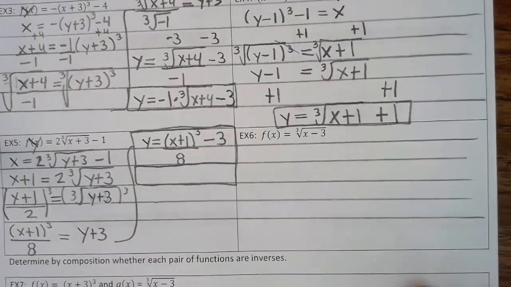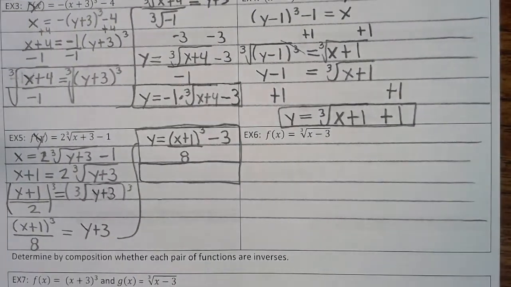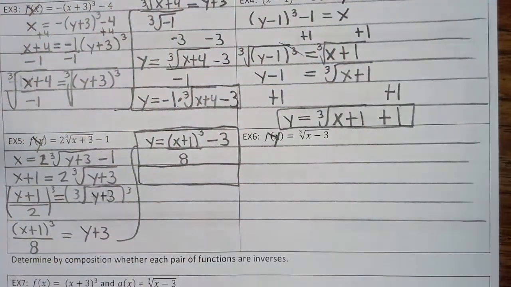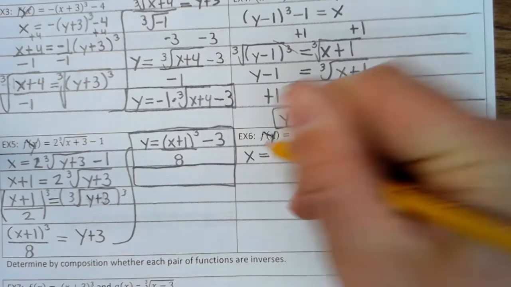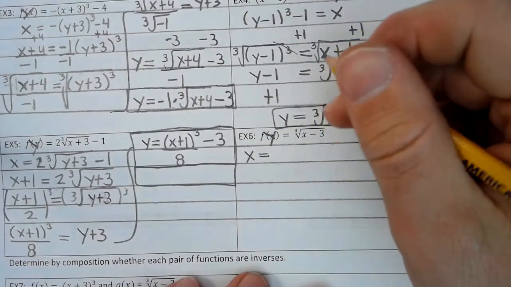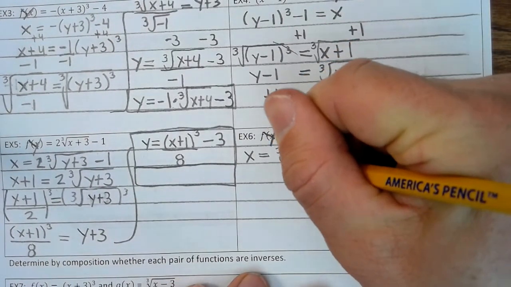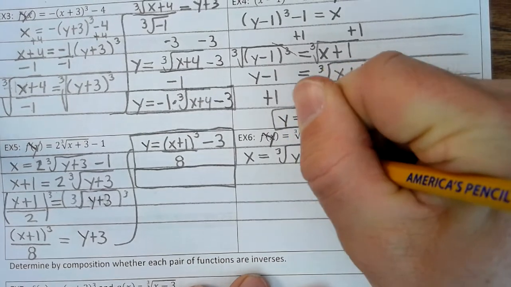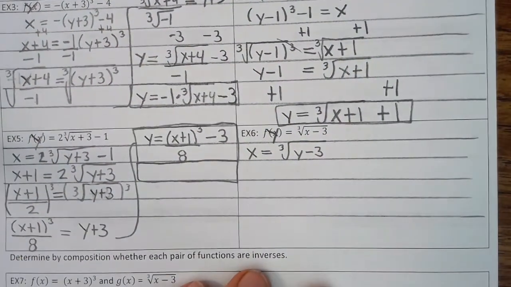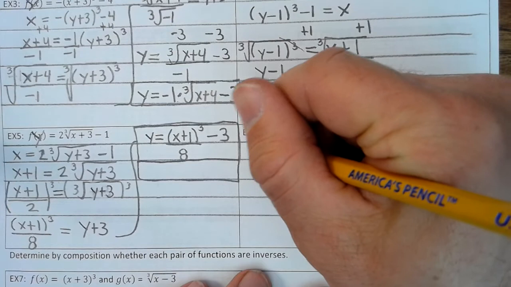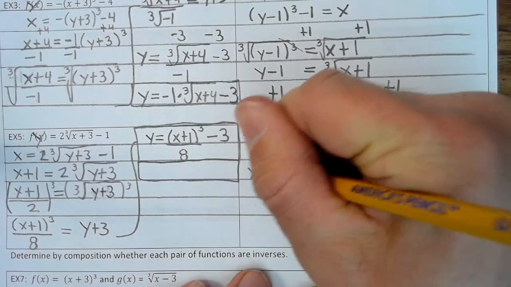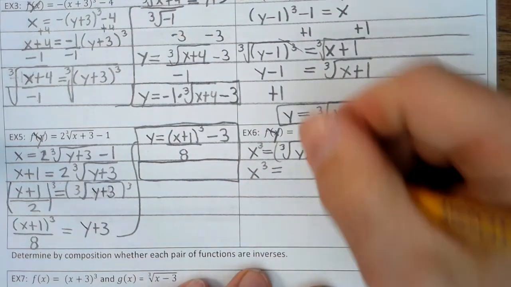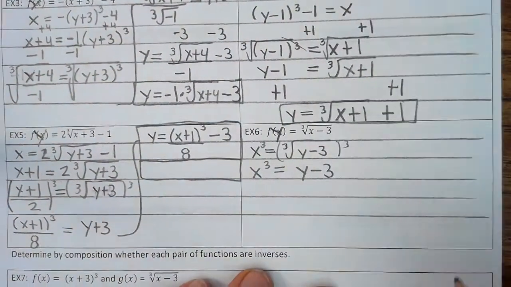All right, now let's look at example 6. So again, f of x is y. So then you switch the x and y. So x equals cube root of y minus 3. All right, next step is cube both sides. So you get x cubed equals, that becomes the power of 1, y minus 3.